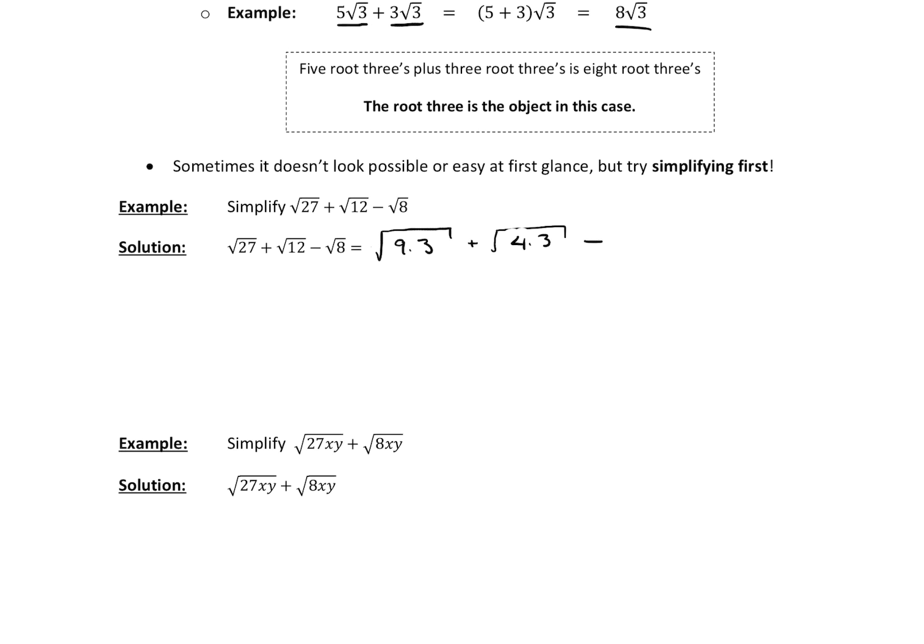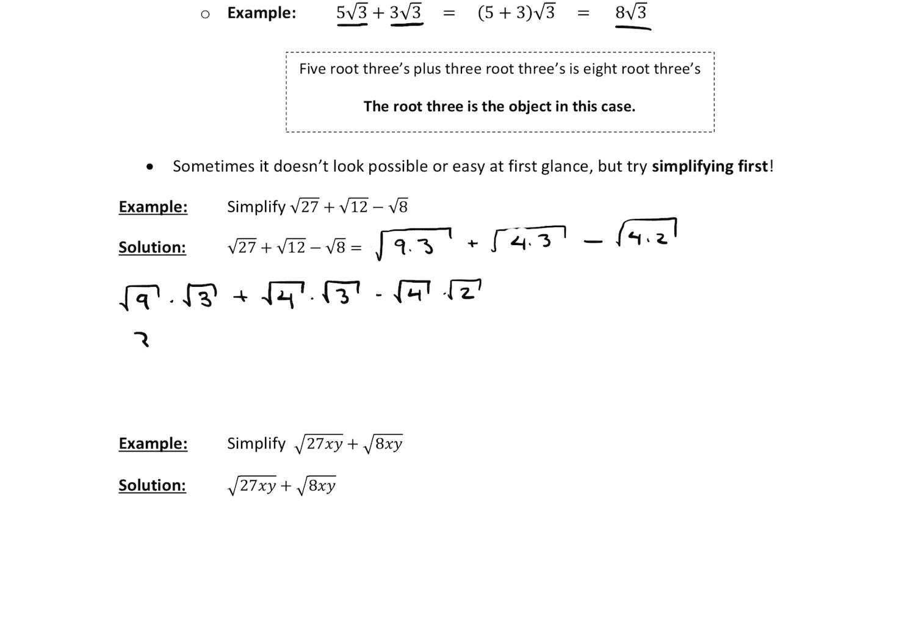And root 8 is the same as root 4 times 2. Now you can simplify them, because remember that that's root 9 times root 3 plus root 4 times root 3 minus root 4 times root 2.